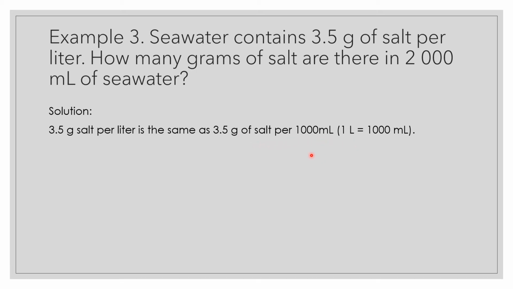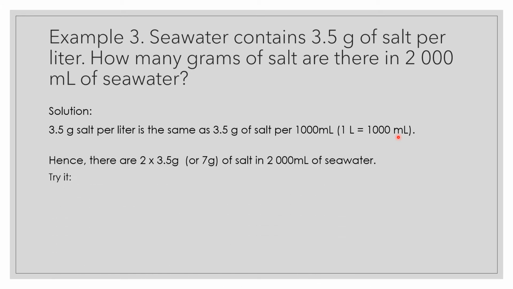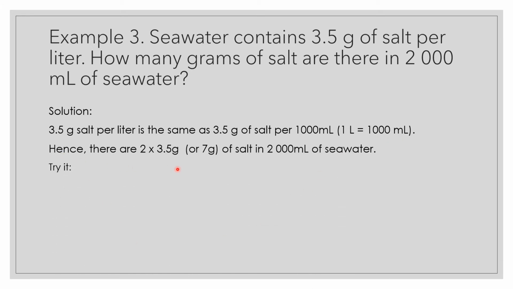So that means 1 liter is equal to 1,000 ml, or milliliter. Hence, there are 2 times 3.5, or equivalent to 7 grams of salt in 2,000 ml of seawater.